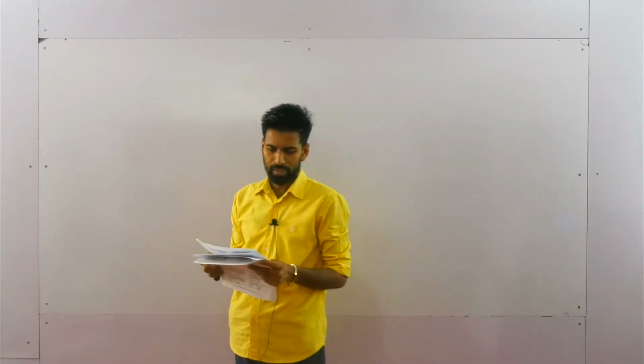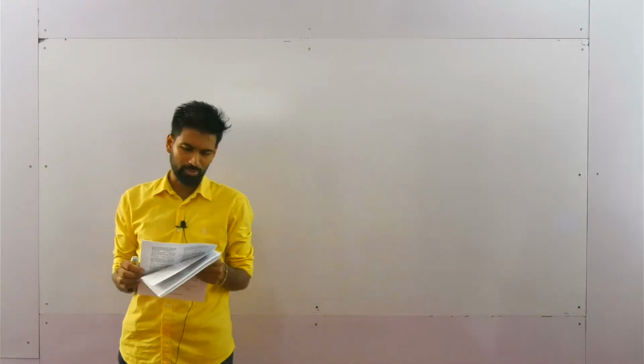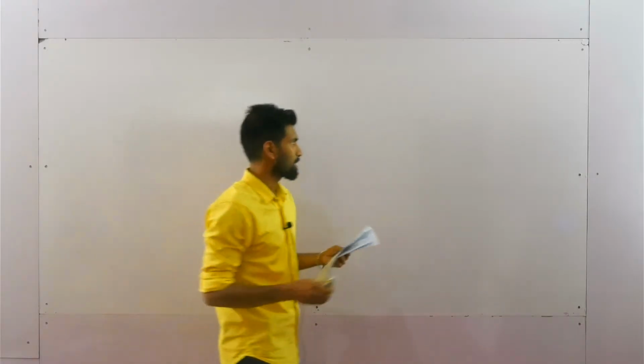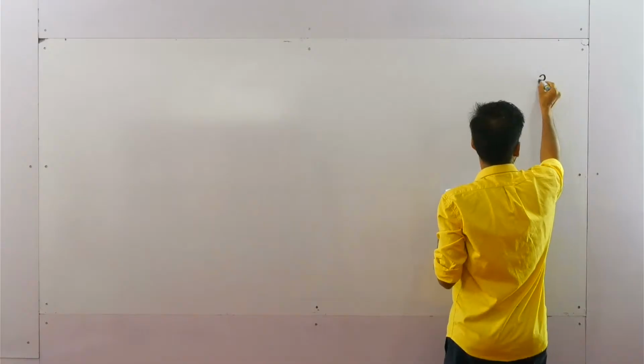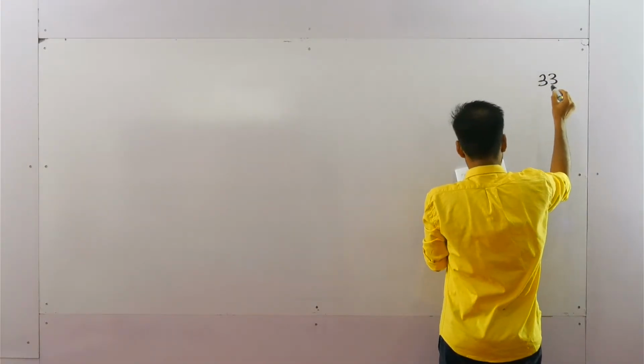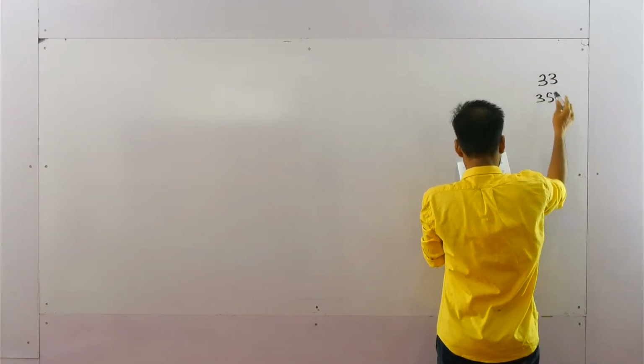Now, in the last session, we completed the MCQs up to the 30th question. These are the MCQs that you have to continue: the 33rd one and the 35th one.